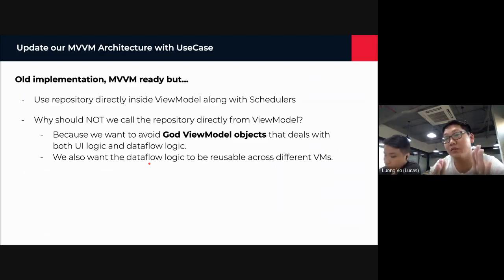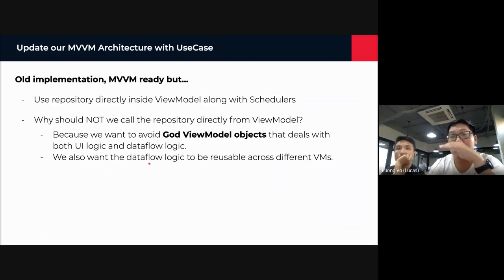So for Android, we already separate our architecture to have a UI, the view layer, and then the view model layer, and then the view model will interact with the repository, with the persistent data. But for that architecture, the view model will interact with the repository directly.